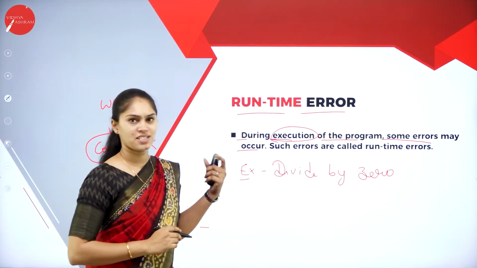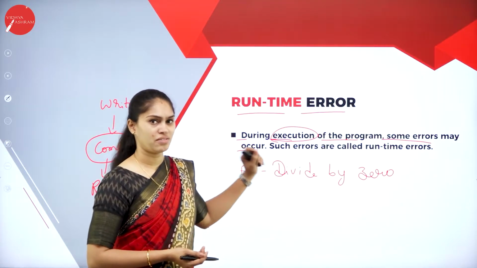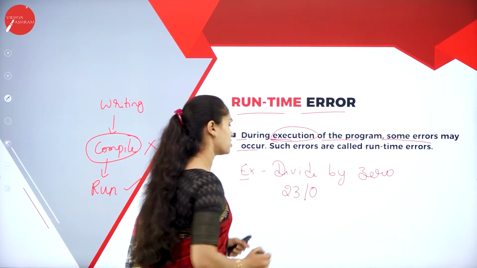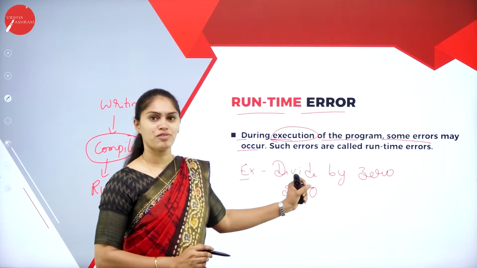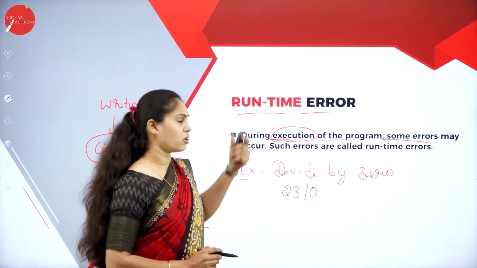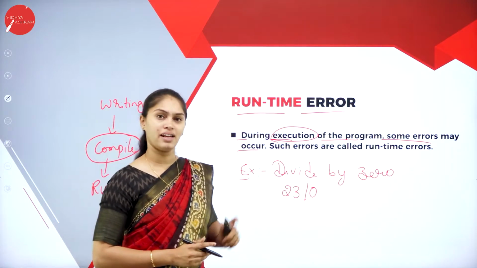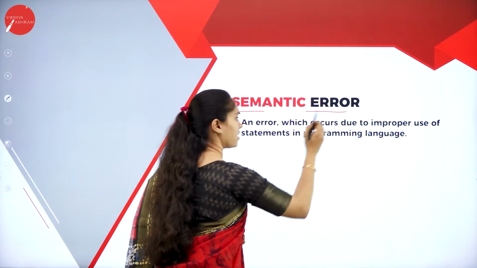If any number is divided by 0, then what will be the answer? For example, here I have 23, and I am trying to divide this 23 by 0. These kinds of errors will be known at the time of execution of a program. That is known as runtime errors. Then which is the next type of error? That is semantic error.